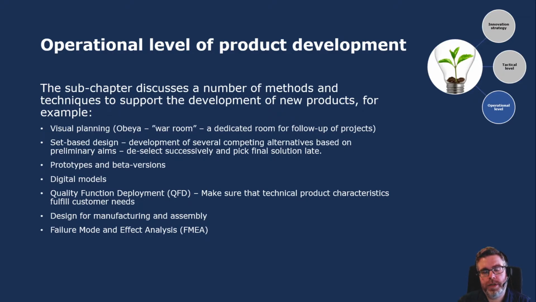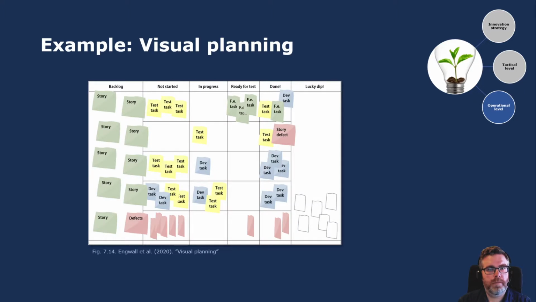Design for manufacturing and design for assembly is discussed also in this chapter. And then you have also the failure mode and effect analysis, which is the FMEA, which is also a generic tool that's very commonly used within industry, within product development projects. So just a few examples.